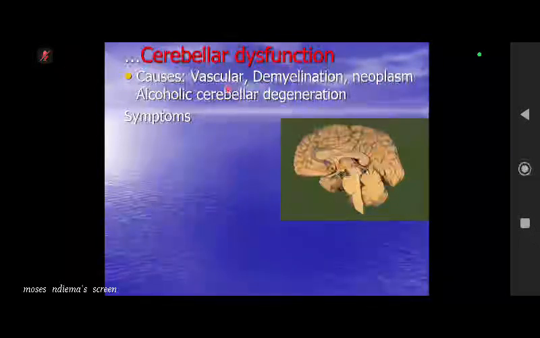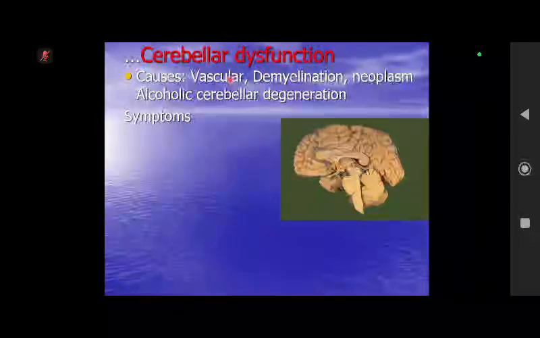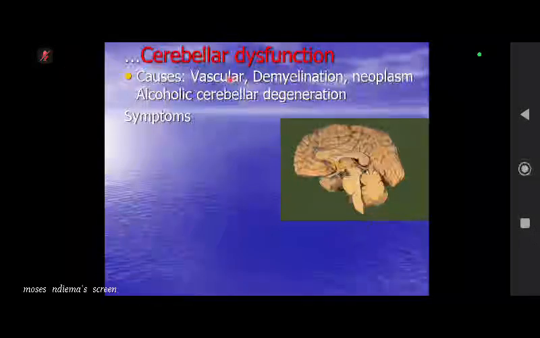We can have the blood vessels supplying the cerebellum being occluded, aneurysms or embolisms, and those will lead to hypoxia and damage to the cerebellar cells. So all this can cause some changes in the motor activity.